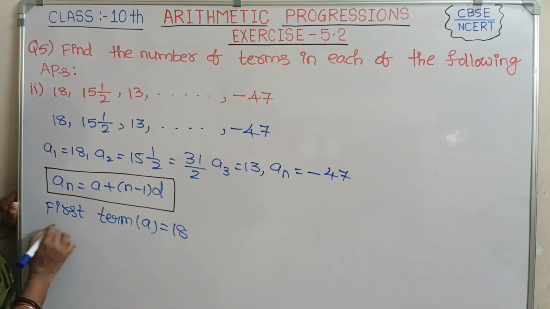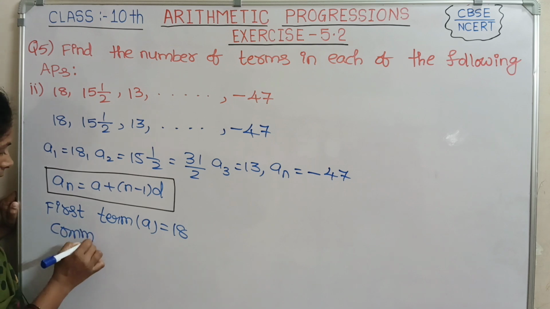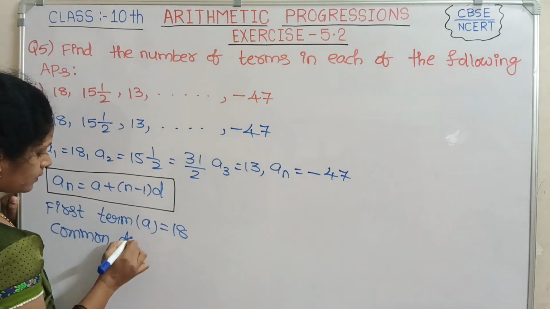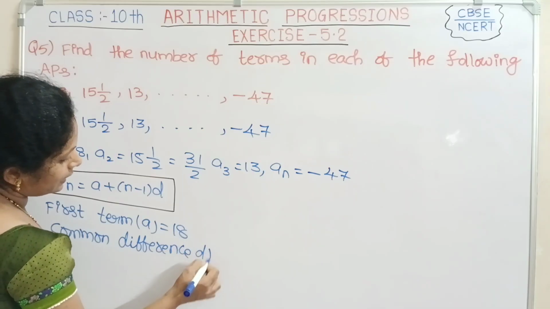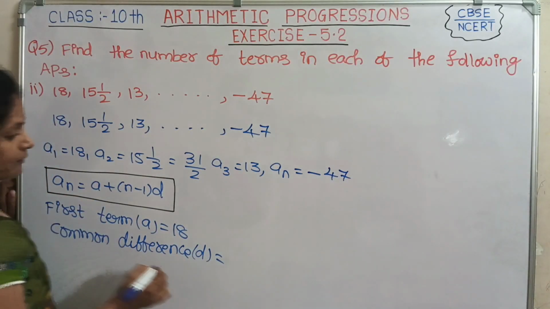To calculate the common difference, d is equal to a2 minus a1.